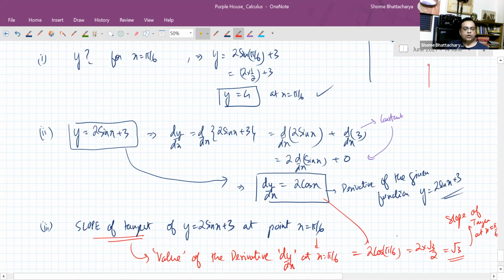Now this value of cos pi by 6 is again fundamental trigonometry. You know that if this angle is 30, then perpendicular, base and hypotenuse are in this kind of ratio.